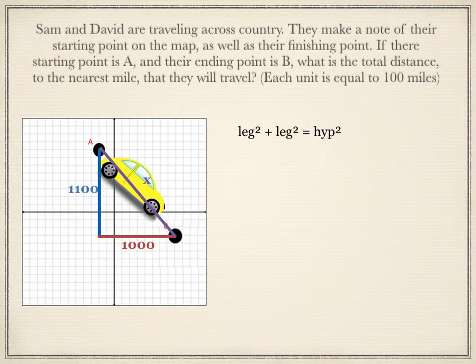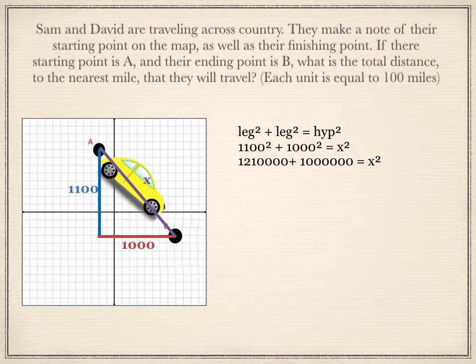Leg squared plus leg squared is equal to our hypotenuse squared. Remember, our hypotenuse is always across from our 90-degree angle, or our right angle. That's going to be our purple line. So we've got 1100 squared plus 1000 squared is equal to x squared.